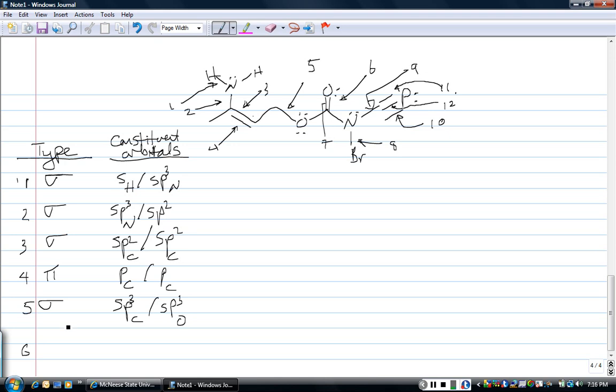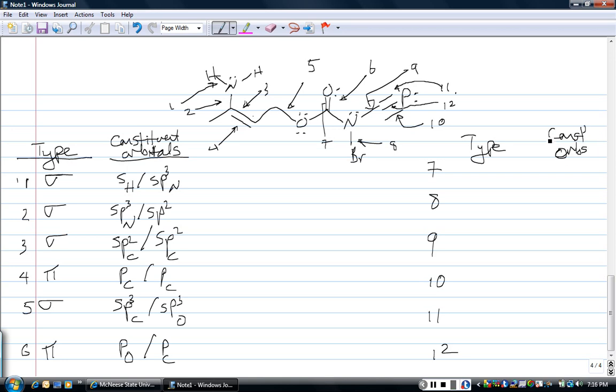So let's say 6 happens to be the pi bond, in which case it's going to be p overlap. P of oxygen, p of carbon. So that leaves us with 7, 8, 9, 10, 11, 12. And this would be the type of bond and the constituent orbitals.